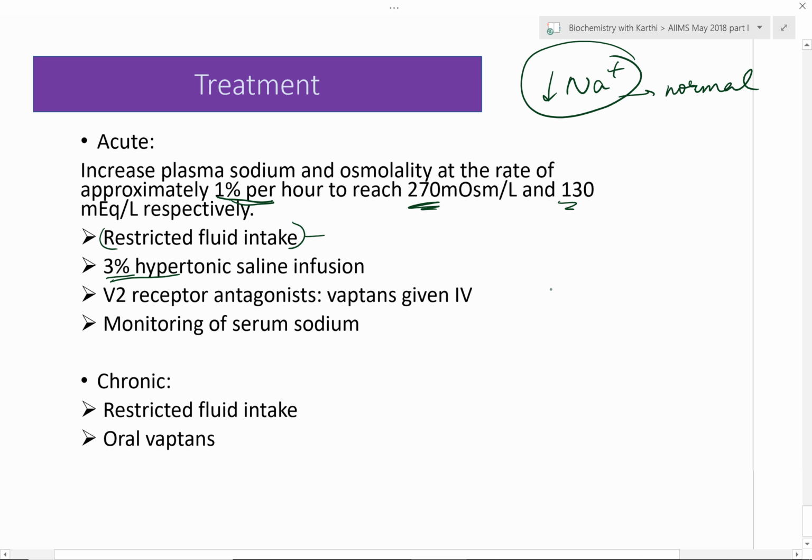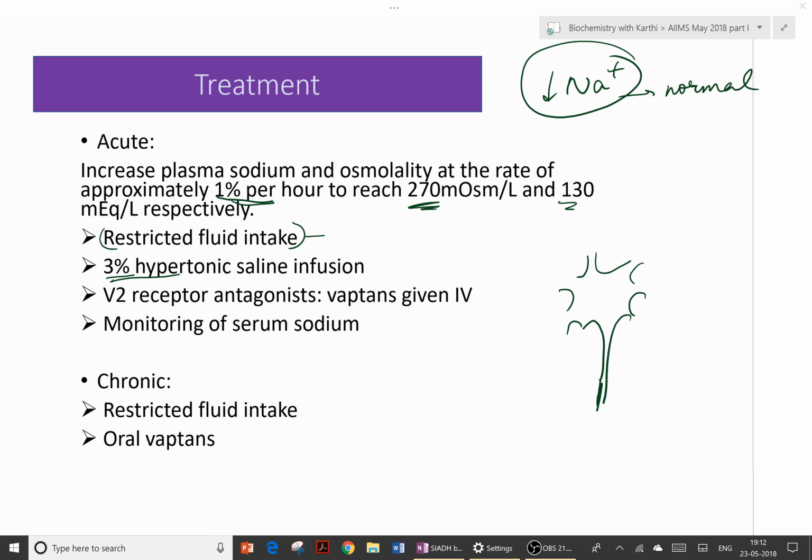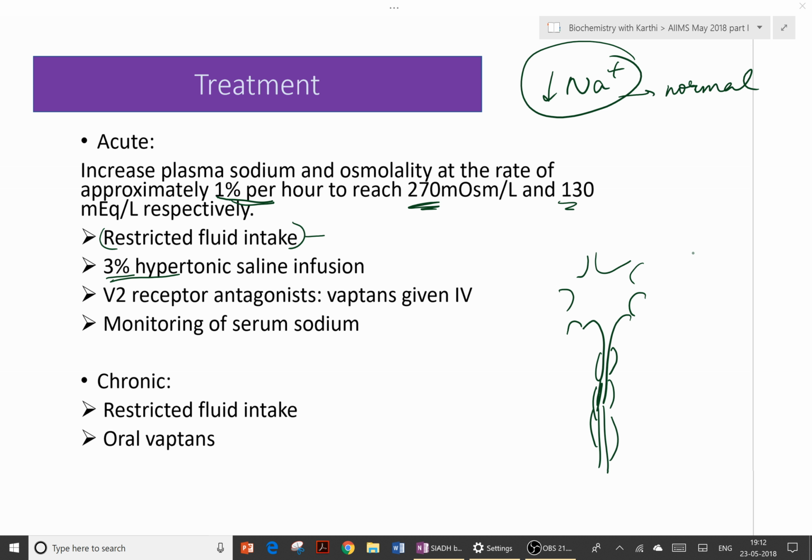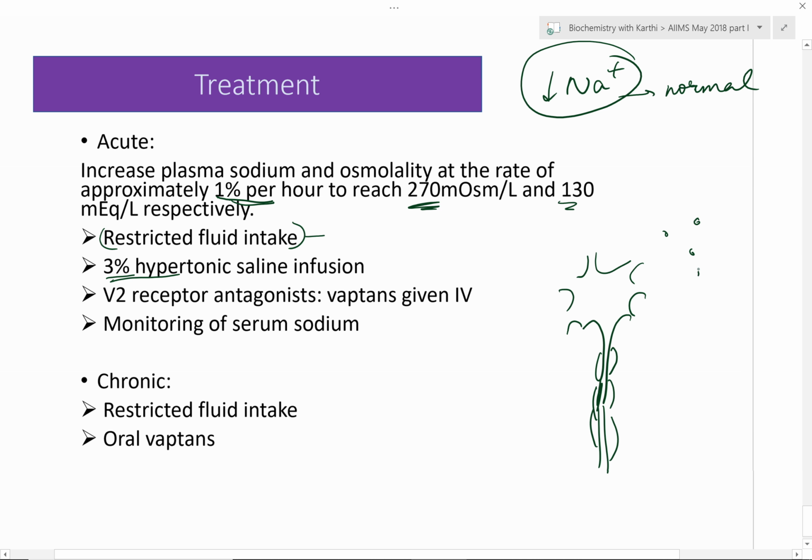The thing is, due to the hyponatremia, suppose this is a neuron, it was all swollen up. It was covered by the myelin sheath, and suddenly you're increasing the osmolality of the surrounding, and this will cause a shift in water immediately out of the neuron.